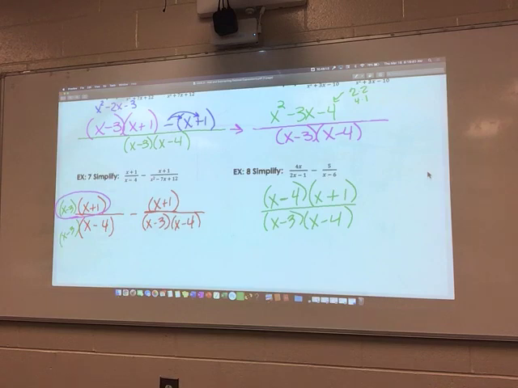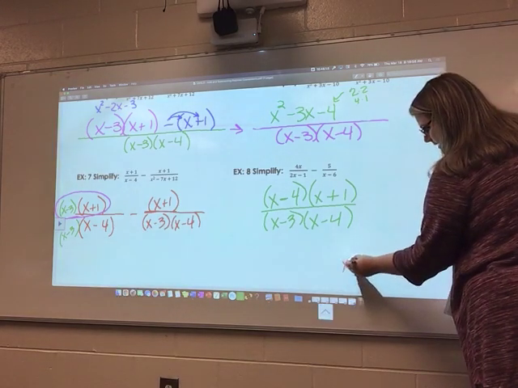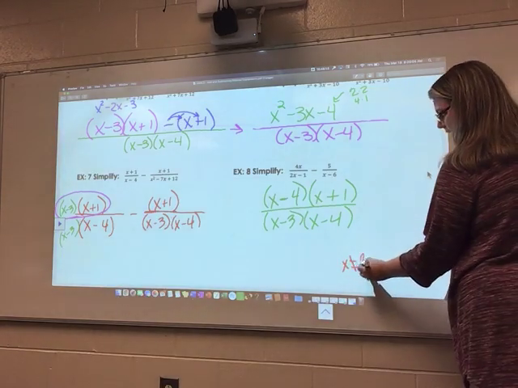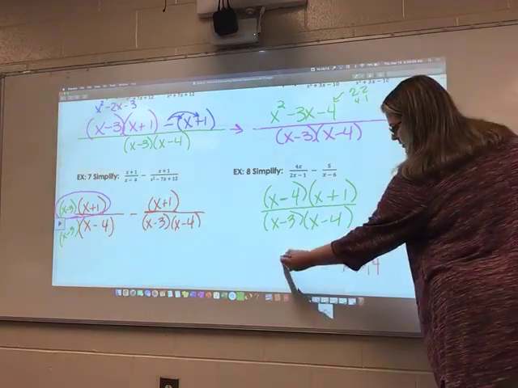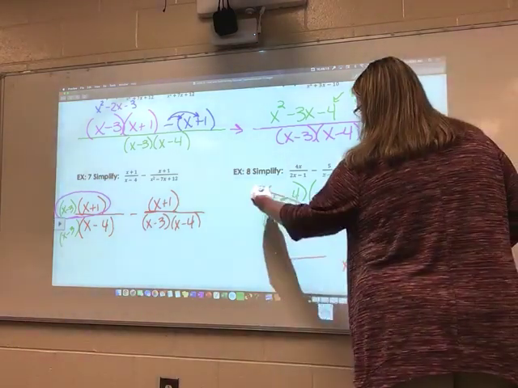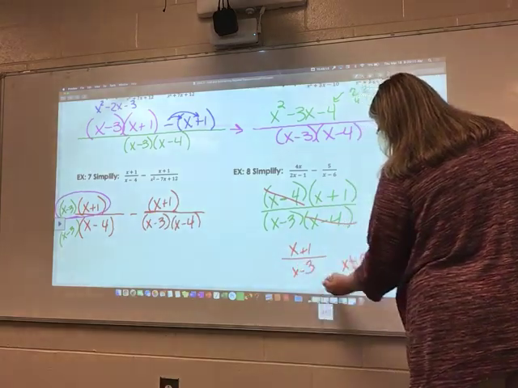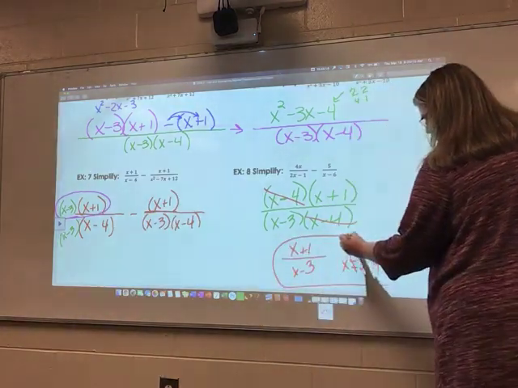You need to find the excluded values, right? So before I do this simplifying, let's go ahead and say that x cannot be positive 3 and positive 4. So now I can go ahead and get rid of my x minus 4 common factors, and then I'm going to bring the other pieces in.